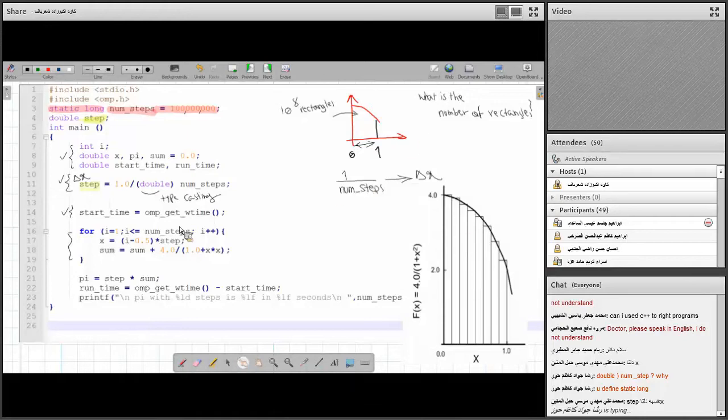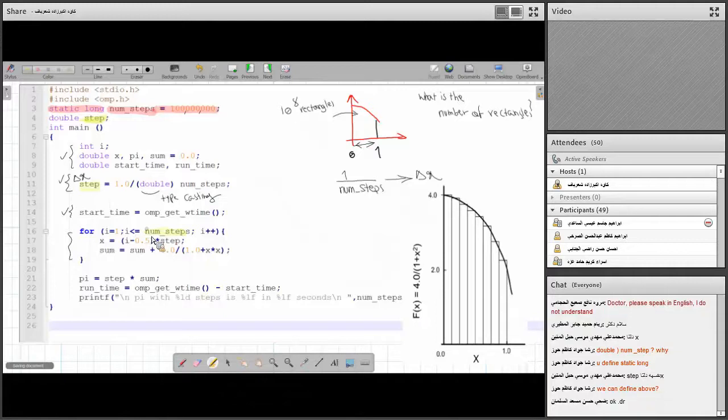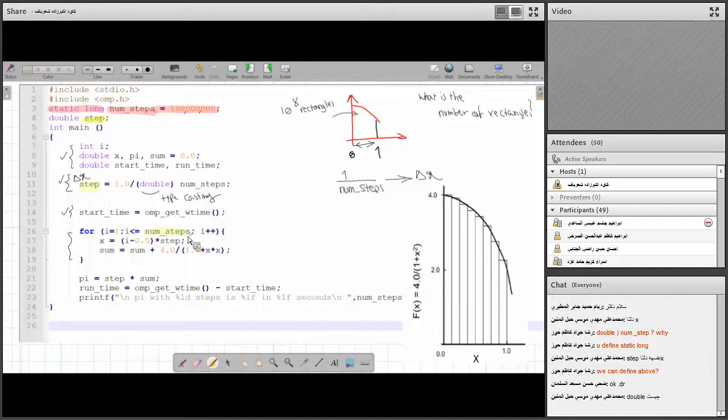اوکی. باید به تعداد گام ها، به تعداد استپ ها یک کار رو تکرار کنیم. We should repeat a task for the number of steps.